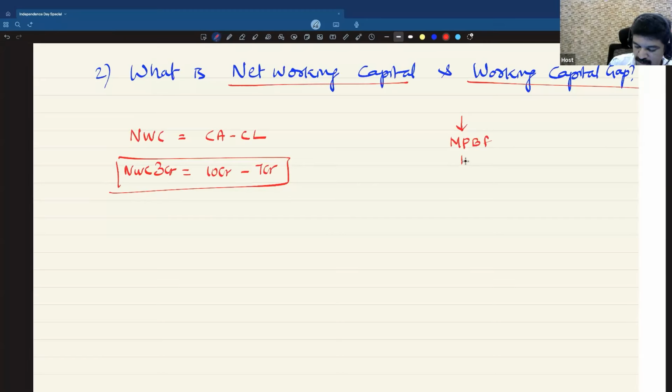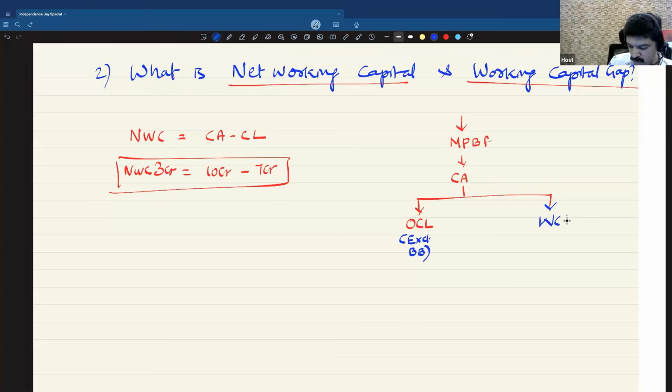That method says you have to estimate the current asset. From the current asset, you have to see how much of the current assets are funded by other current liability. When you consider other current liability, you have to exclude the bank borrowings raised for funding this current asset. So from current asset, if you exclude the other current liability, you will see how much of the current asset has been funded by other sources.